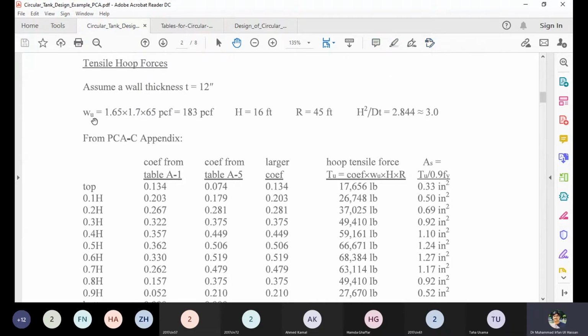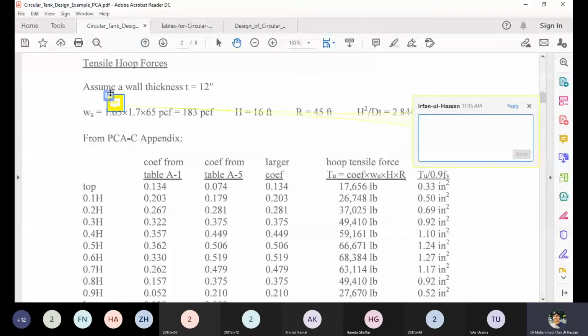After that you can compute the value of this Wu, which is a factor for computing the load. As I told you, different factors will be applied. One is the durability factor, and the sanitary coefficient, and the live load factor. So here you can see this factor is applied.